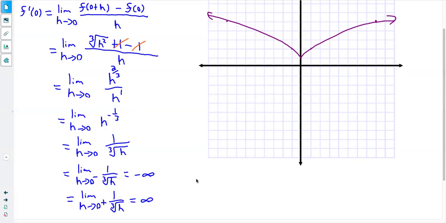And for this, we can once again say that our limit as h goes to 0 from the negative side of f prime x does not equal our limit as h goes to 0 from the positive side of f prime x.